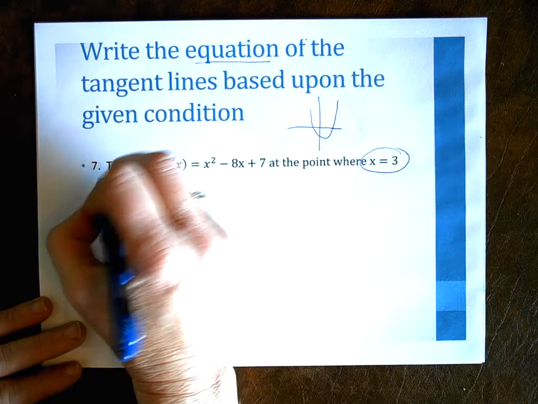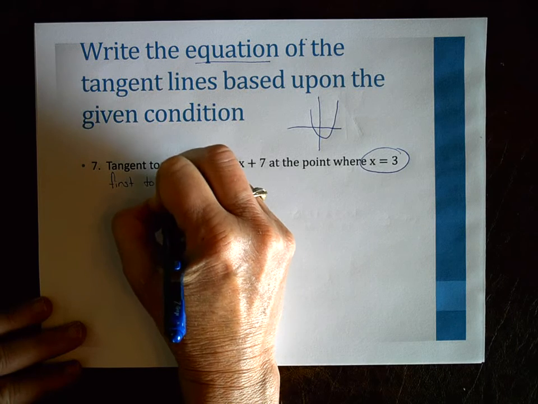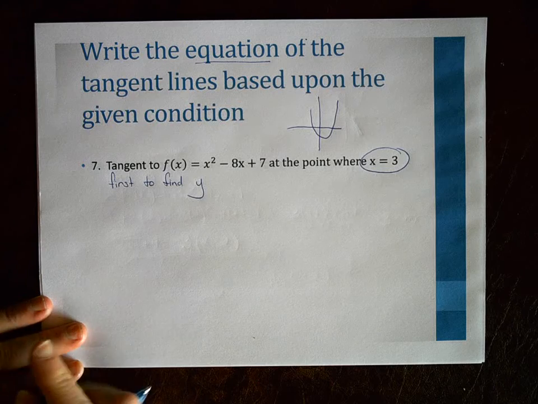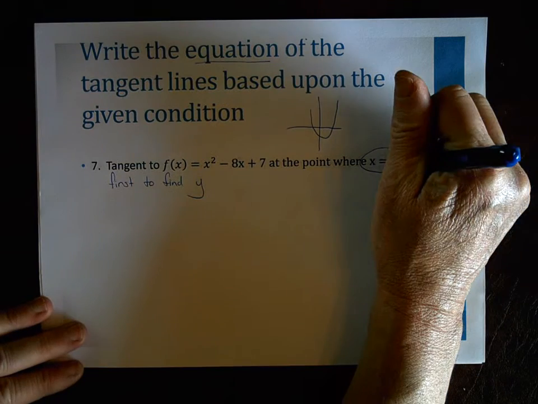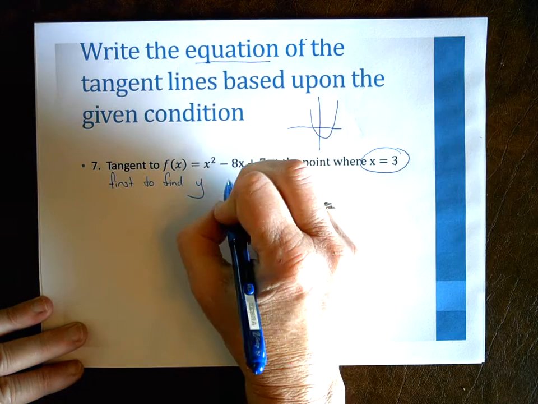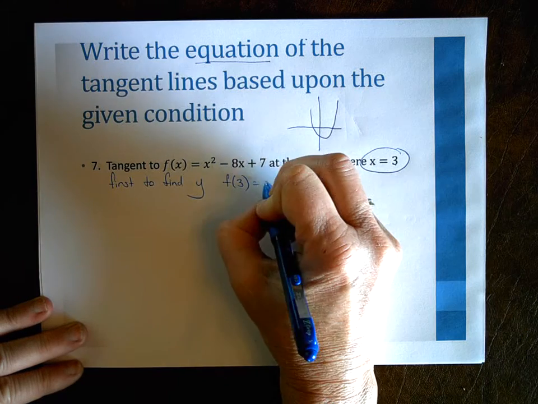So my first goal is to find y. Because everything we had before, we had x1 and y1. This is just x. I mean, these actually are x1. It's just x. So we have to find y. All we do is we plug it in. So find f of 3. So we're going to plug 3 in.